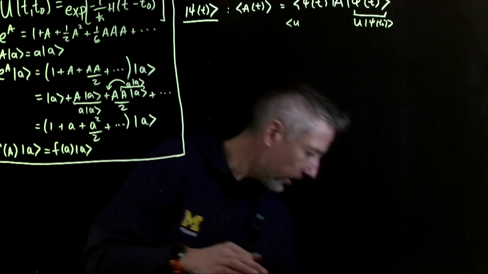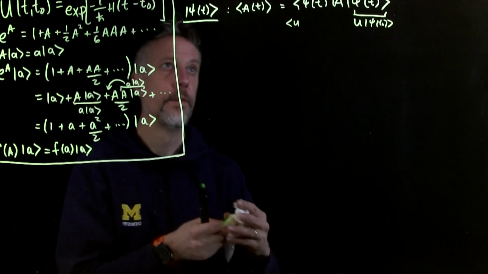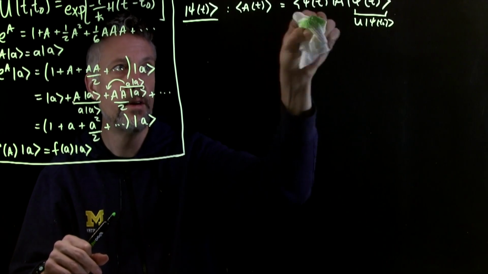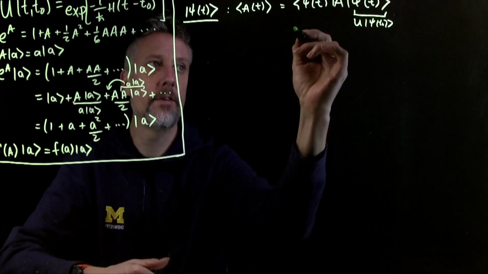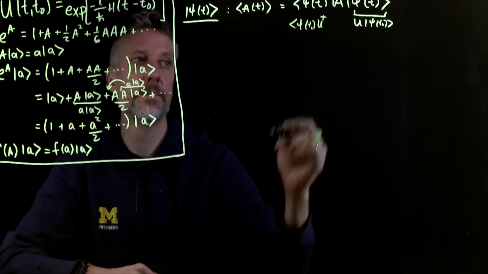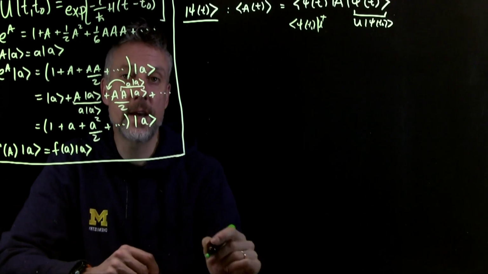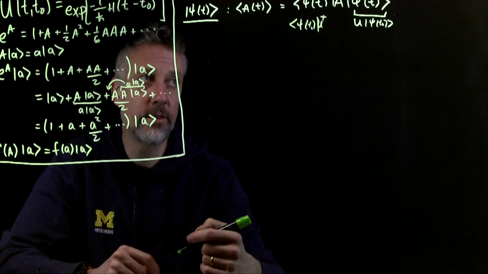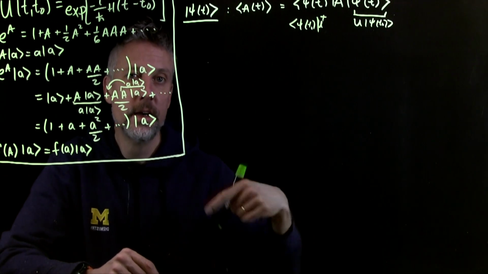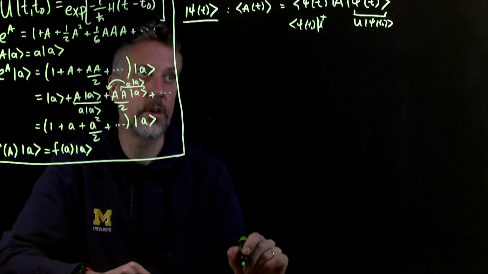We follow our rules of the Dirac notation. The ket version will be the adjoint of the bra version. So we're going to have <psi(t0)| U dagger. U and U dagger are not equal to each other. U is not Hermitian. It is unitary, which means that U dagger is equal to the inverse. It's not equal to U itself.